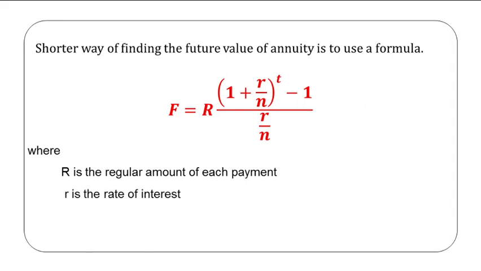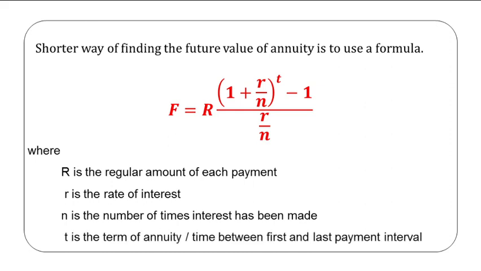Then yung maliit na r is the rate of interest. n is the number of times interest has been made. At yung t is the term of annuity or the time between the first and last payment interval. So, kung nakailang beses ng bayad.